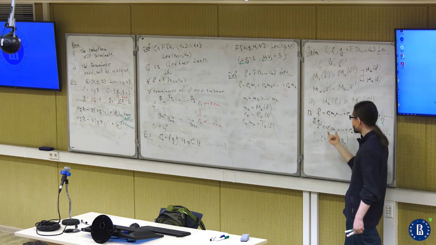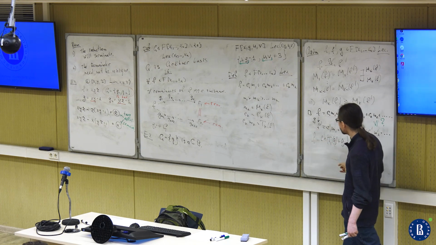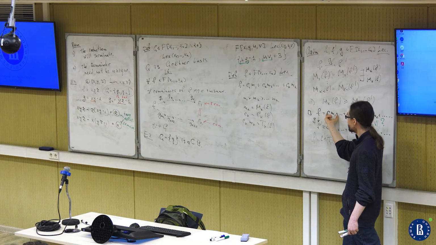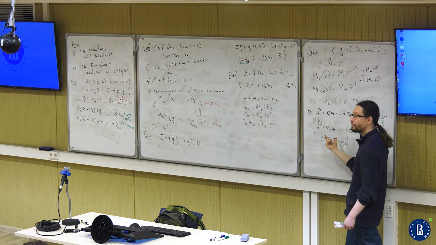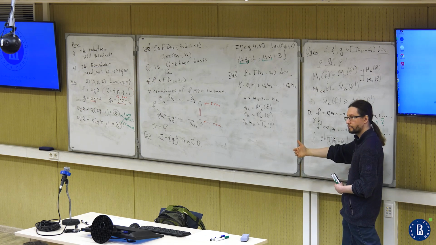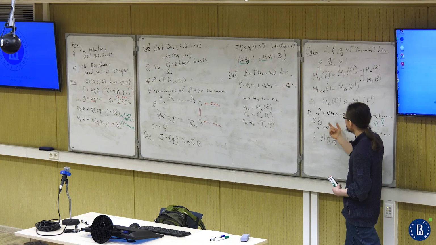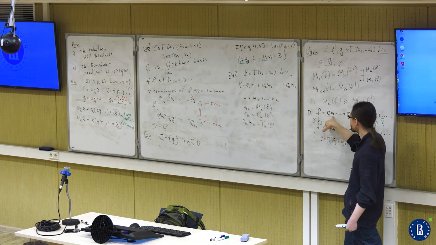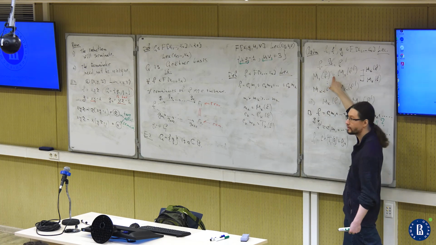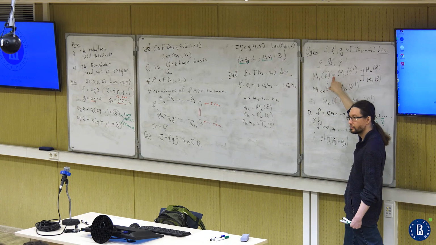Okay? So that's why after this procedure, if we reduce, this monomial is replaced by a sum of strictly smaller monomials. Okay? So in particular, the leading monomial after reduction will be strictly smaller than the initial monomial. So this contradicts this assumption.